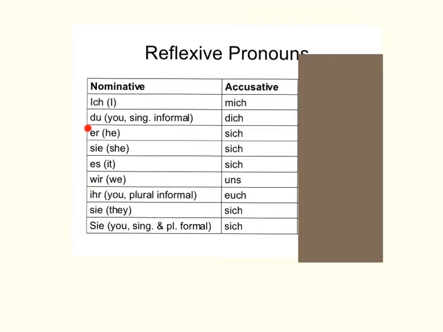So you're either using a pronoun or you are replacing the pronoun with a name. For example, Mark, Mark and I, Mark and Susie. And the reflexive pronoun is going to be placed after the verb. Let's show you how that is done.